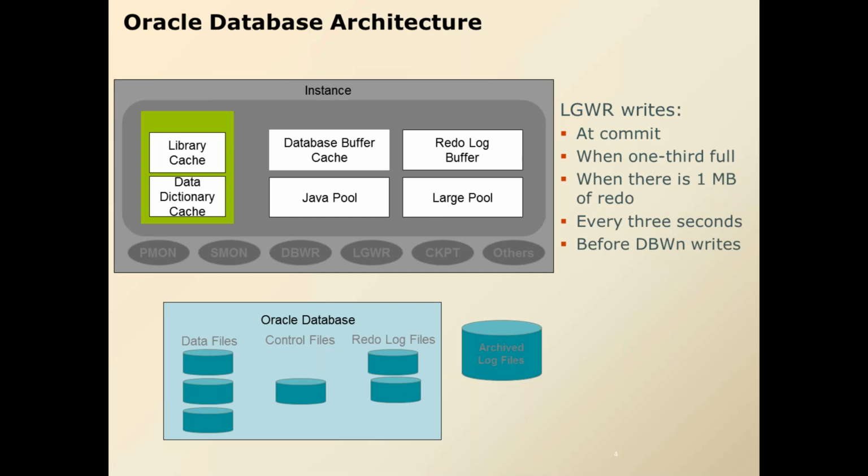Before the database writer process can write that to the data file, it gets written to the redo log buffer. From the redo log buffer, data gets written into the redo log file using the background process called log writer.